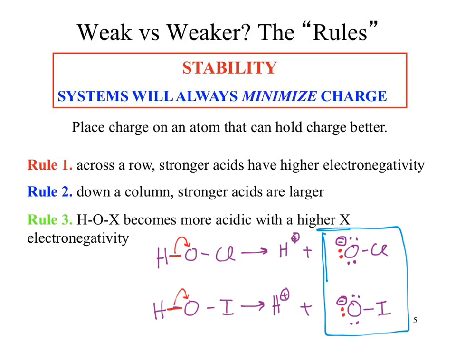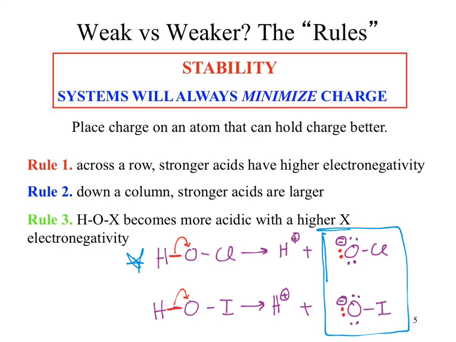HOCl. Okay. Why does it become a stronger acid? Higher electronegativity, fair enough. Why does increasing the electronegativity make it a stronger acid? That charge is not on the chlorine. What is electronegativity a measure of?